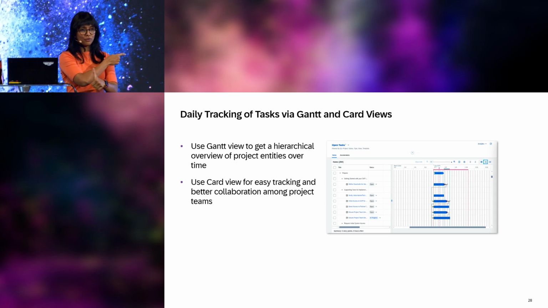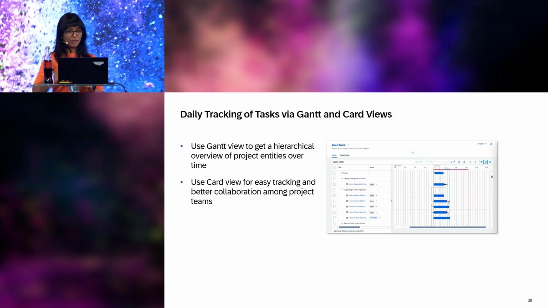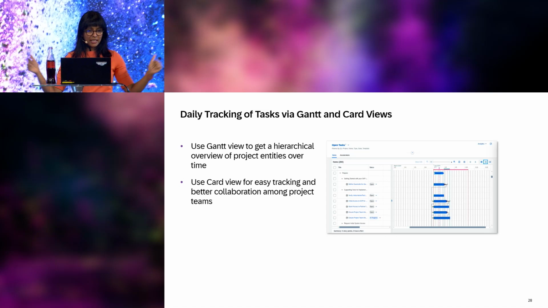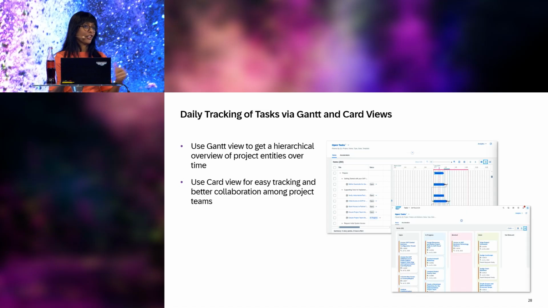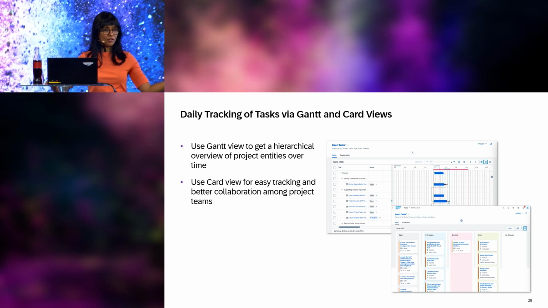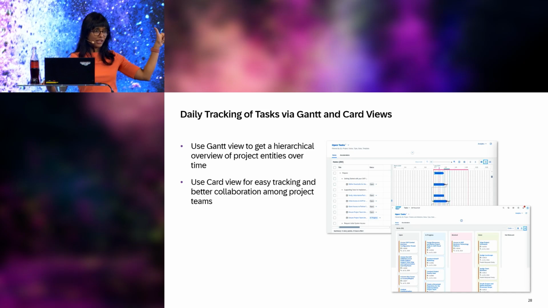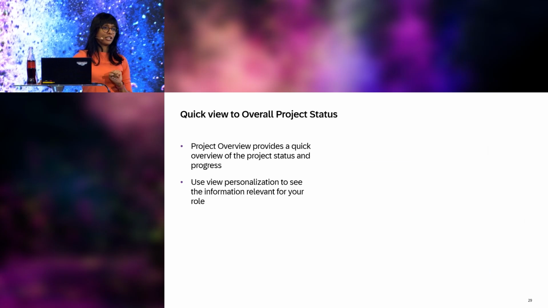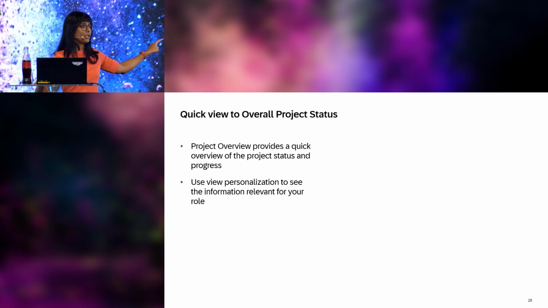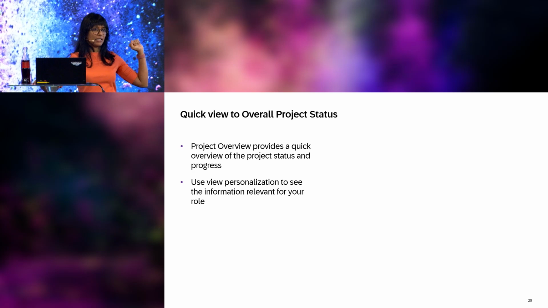You use Gantt view for your regular monitoring of tasks over the timeline, and then you have the Kanban card during your sprints you can use to move around your tasks and change the status automatically. What we have enhanced is you can now also create tasks from here, and you can also have this view now for requirements and defects.